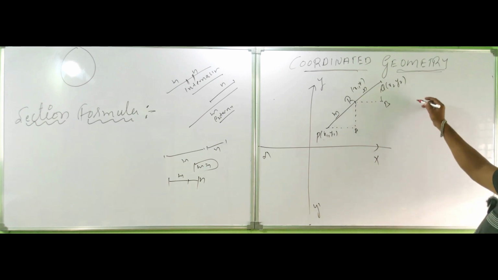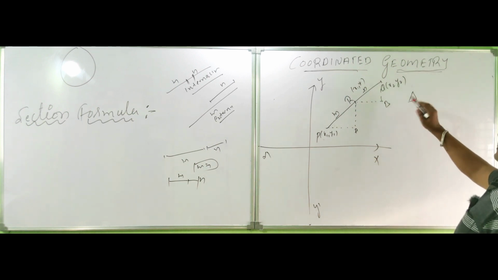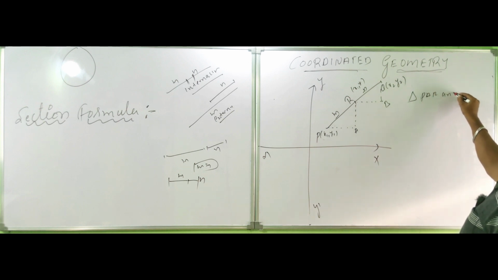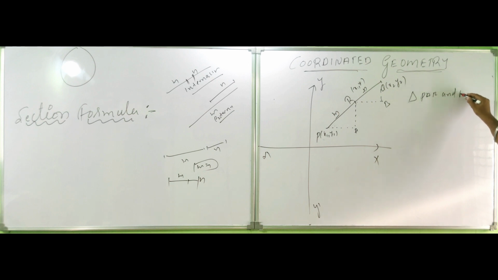Considering the triangles from previous knowledge, triangle PAR and triangle RBQ are similar.